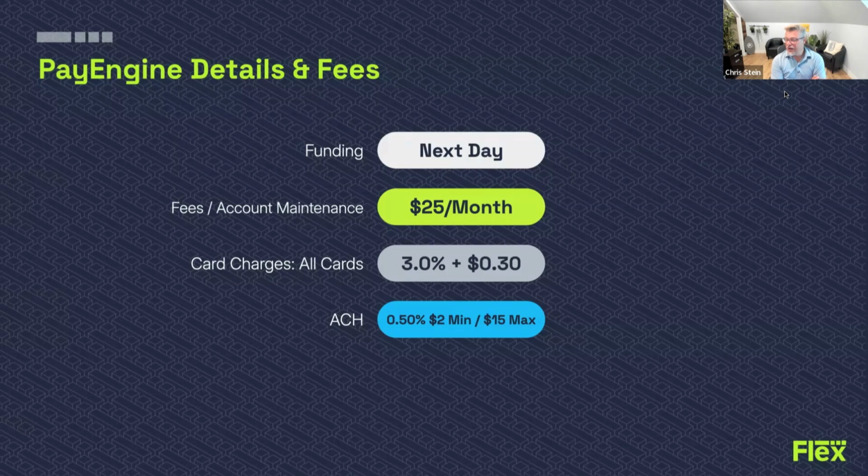We can get on Zoom calls with you as needed, but the responses are more human based in working with support with PayEngine instead of just here's a help desk article, good luck. And so that was another main reason why we went with them also.